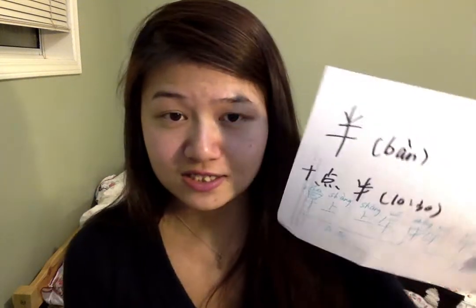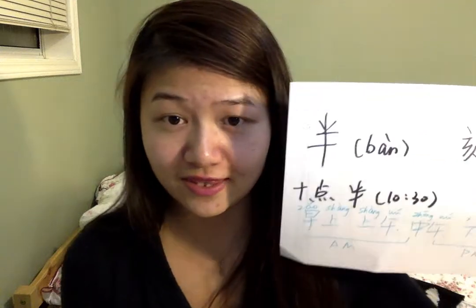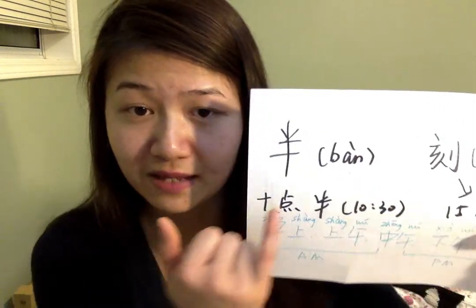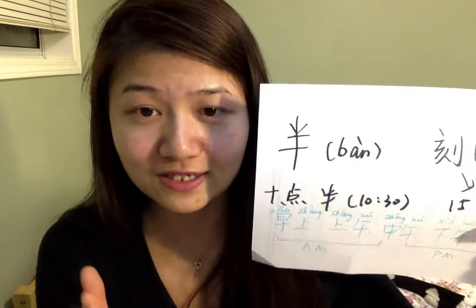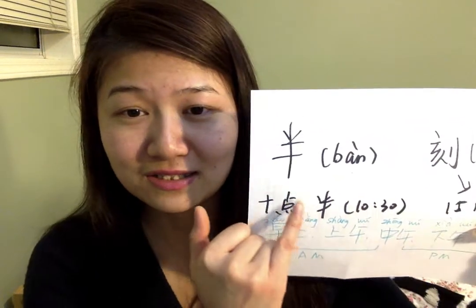I will teach you some special things. So if it's 30 minutes, how do you say that? If 15 minutes, how do you say that? So in Chinese, we have some special way to say that. If it's 30 minutes, we say 半. Okay, half, 半. So half an hour, 半小时.